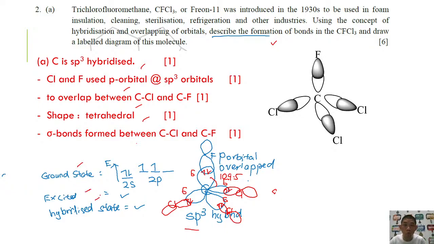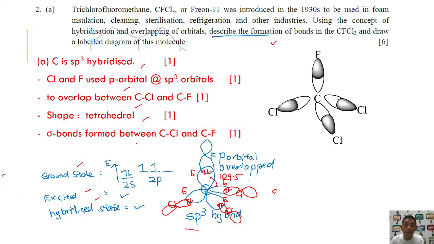That is not up to you to decide where the marks are located. As a student, you should describe as fully as you can how you draw the structures. That is how you solve questions involving the hybridization technique. So try your best to describe as fully as you can.